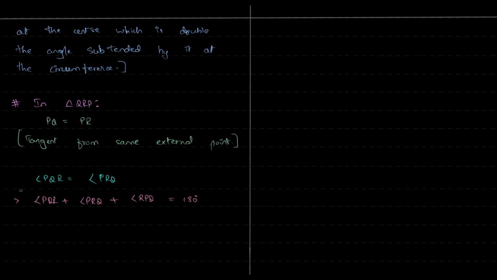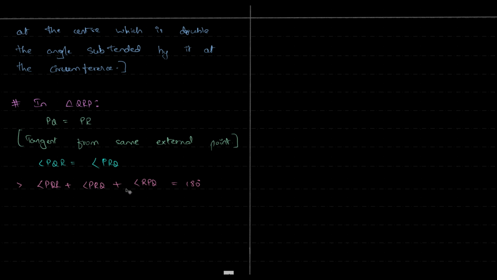Okay, and then we have 2 times angle PQR is equal to 180 degrees minus 30 degrees, because we have 2 over there. And so angle PQR is equal to 150 degrees by 2, that is 75.